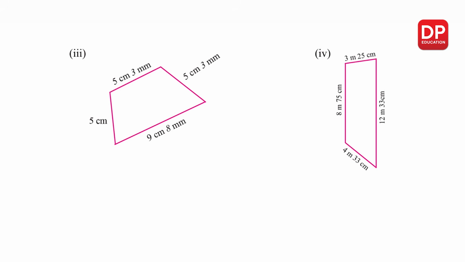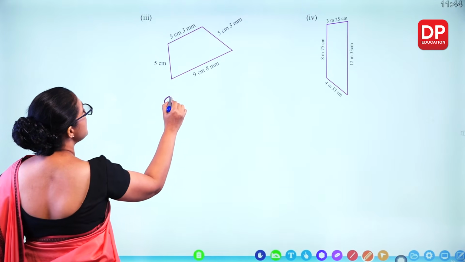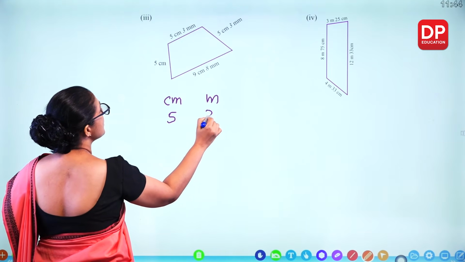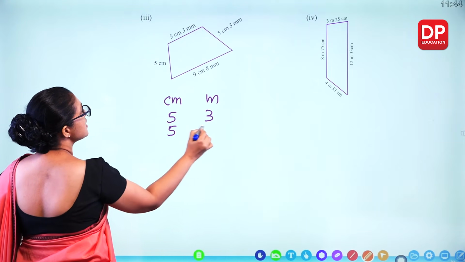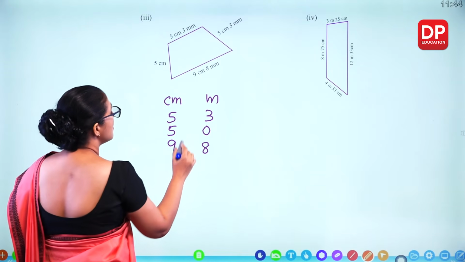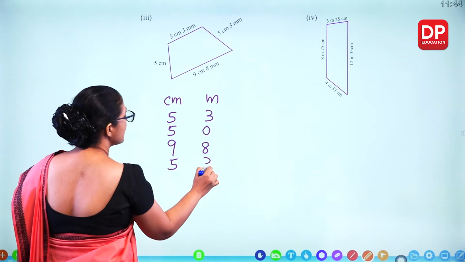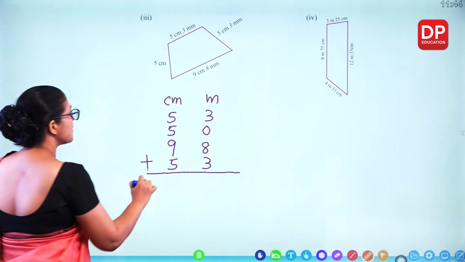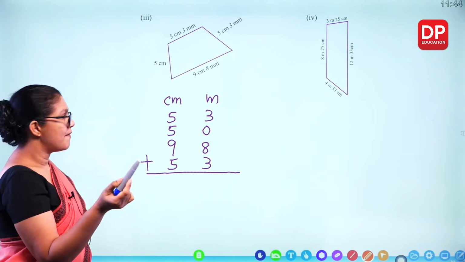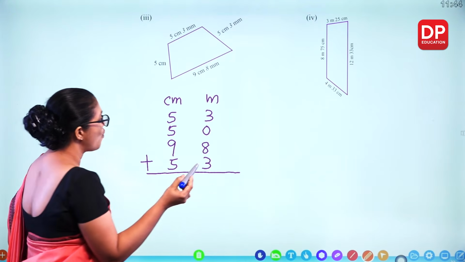This one, centimeters and millimeters. 5 centimeter, 3. 5 centimeter, nothing. 9 centimeter, 8. 5 centimeter, 3. Just add it. 8 plus 3, 11. 11 plus 3, 14.